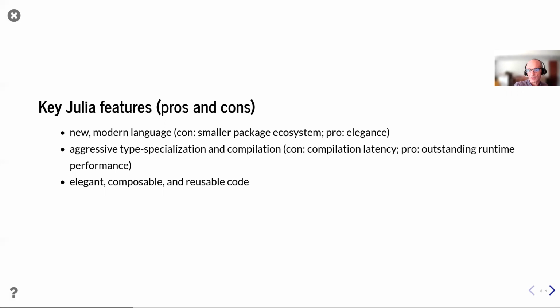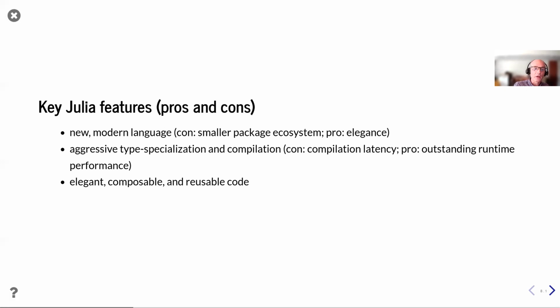I'll mention a specific example of that in a little bit. But on the flip side, this is the source of its amazing runtime performance. So if you're willing to pay the latency because your runtime computation is much longer than the latency, this is an enormous win for your needs.